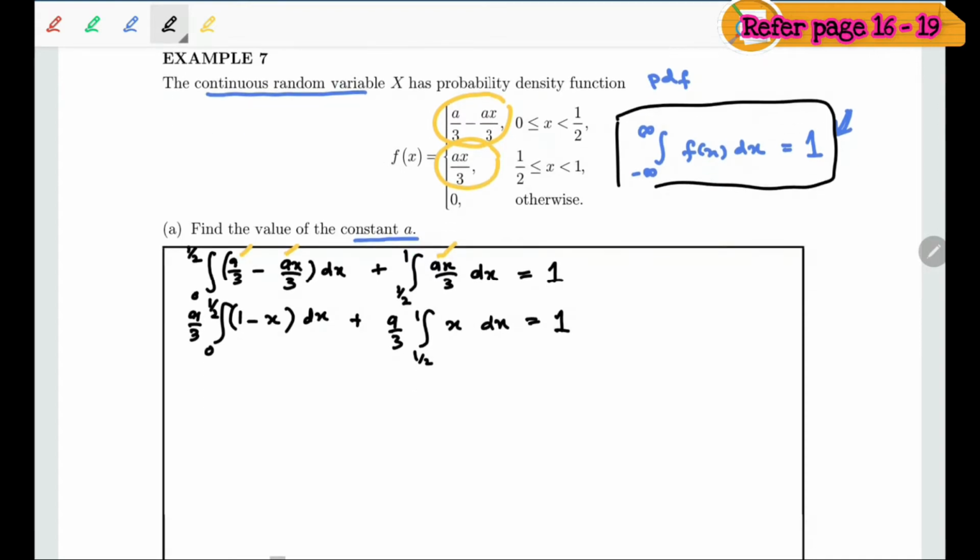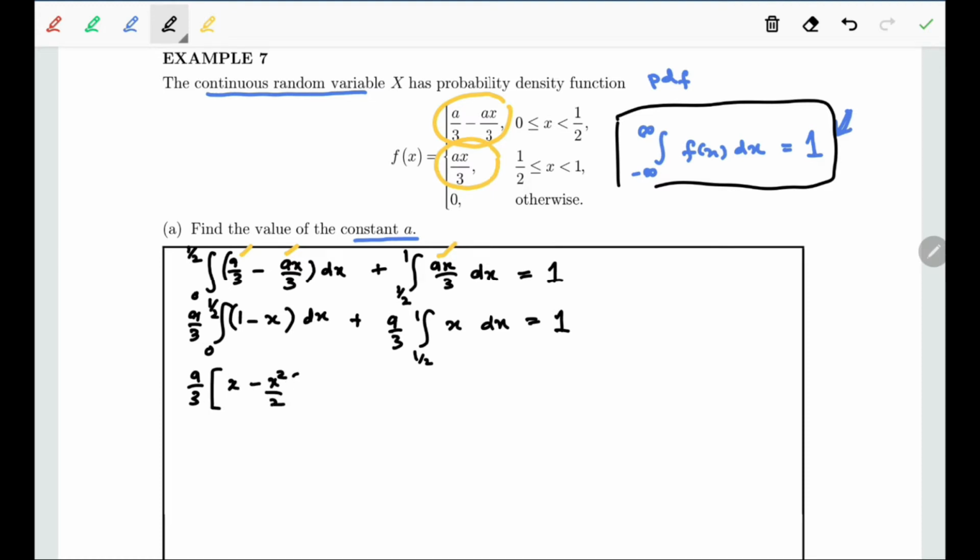For the first function, integrate 1 minus x, with the a over 3 outside. Integrate 1, we get x. Integrate x, we get x squared over 2 with the limit 1 over 2 and 0. Plus a over 3, integrate x, we will get x squared over 2 with the limit 1.